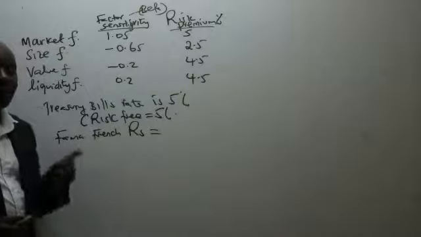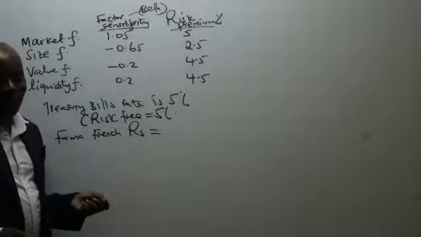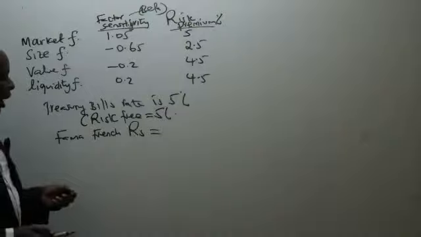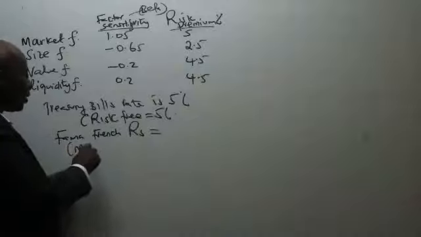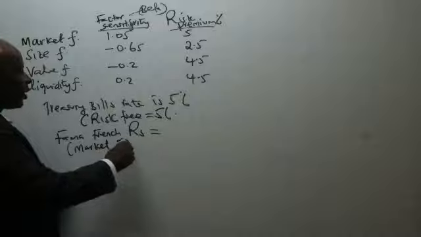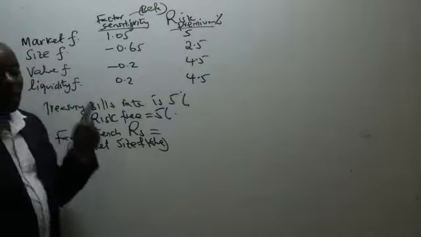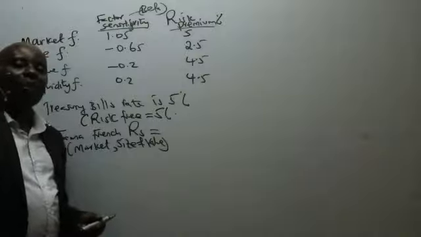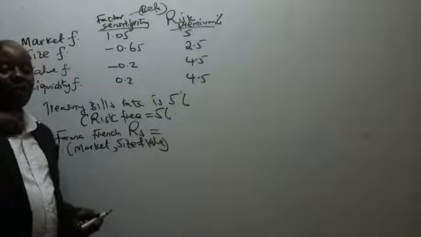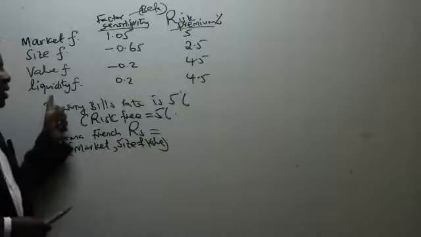The most important thing for you to know, ladies and gentlemen, is that Fama-French is an extension of arbitrage pricing. This Fama-French normally uses the market factor, the size factor, and the value factor. And that is why up there when we started, I told you straight away that Fama-French is a three-factor model. The first factor is the market factor, then the size, and then the value factor. It doesn't make use of a liquidity factor.